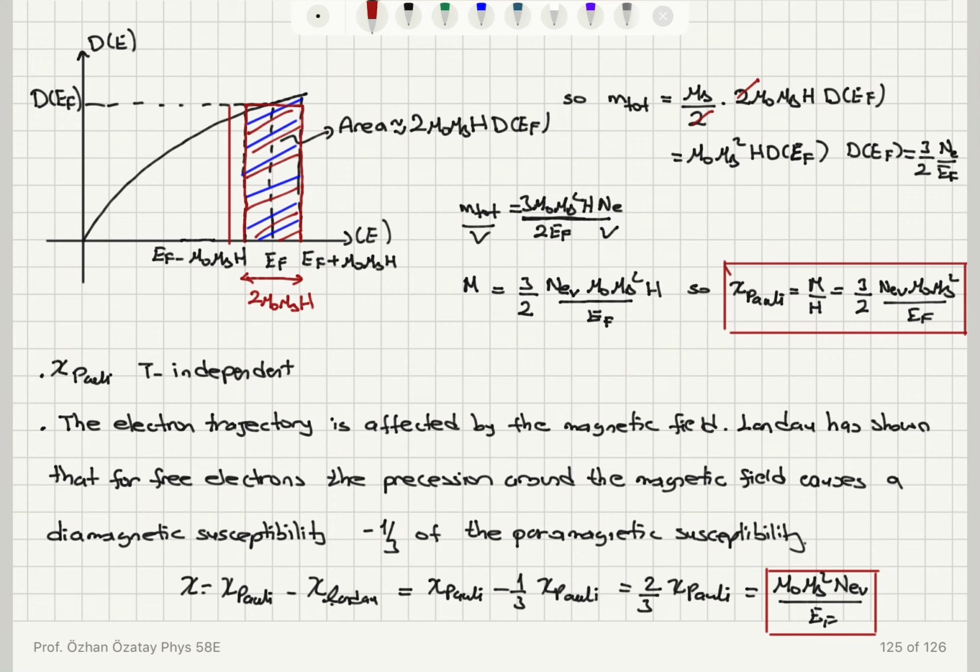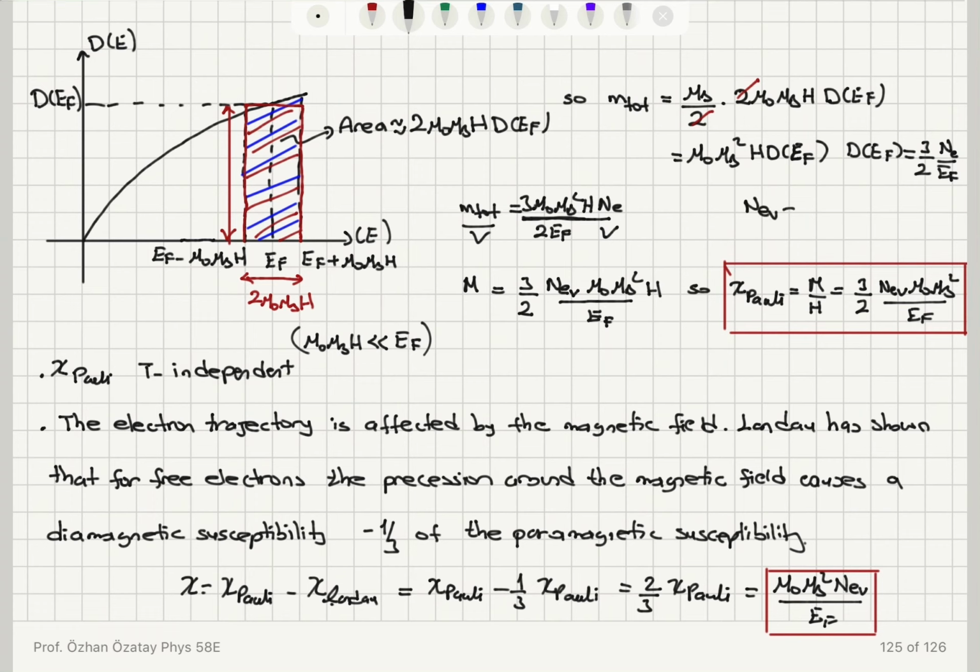This will give me the area of the rectangle, which is approximately the same as the area in this region. And why does this approximation work? Because mu 0 mu B H is much smaller than the Fermi energy. That's the approximation. So we find that the resulting Pauli susceptibility is 3/2 times the number density of electrons.